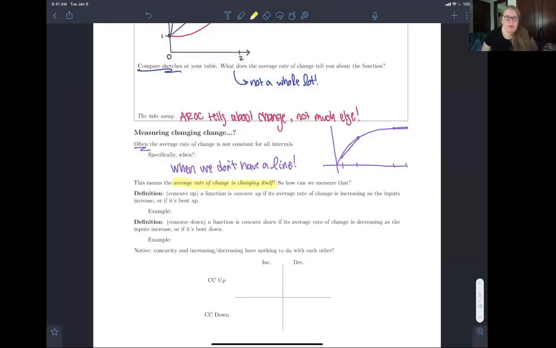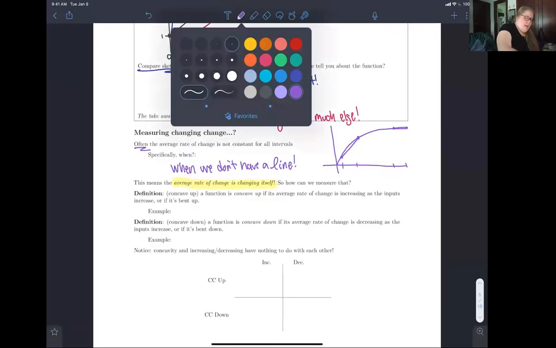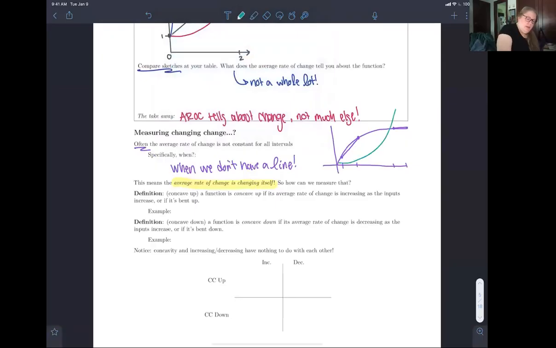Well, let's take a look at our purple example before we get into those definitions. For this particular picture, we have something that has a pretty big average rate of change and then a smaller average rate of change. So it looks like my average rate of change is getting smaller. But if I would have drawn something that looks like this, it probably wouldn't be so hard to see that this is pretty shallow and it's pretty steep up here.